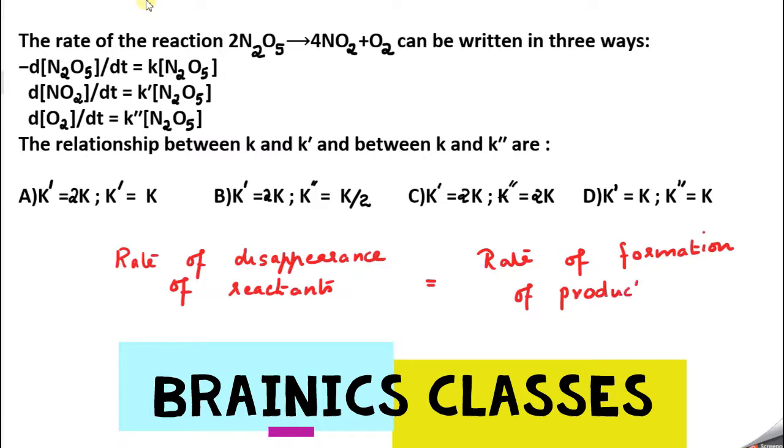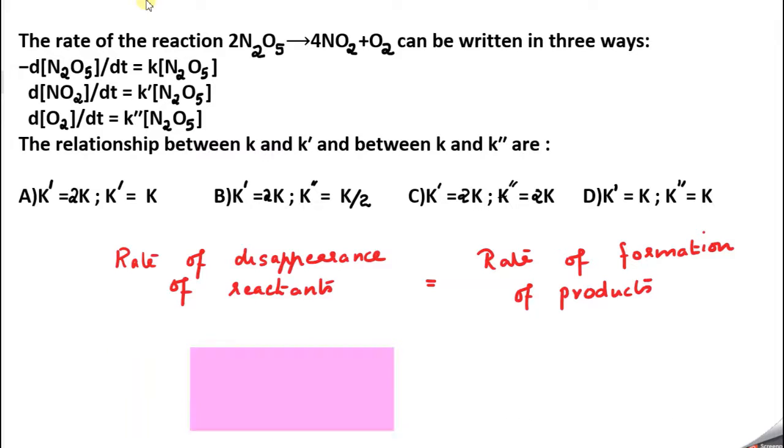Now can you write what is the rate of disappearance of reactants? I can write it like the rate of disappearance of reactants can be written as minus, since it is reactant, I should put minus 1 by 2, that is the coefficient of N2O5, then d by dt of concentration of N2O5, correct, is equal to 1 by 4.